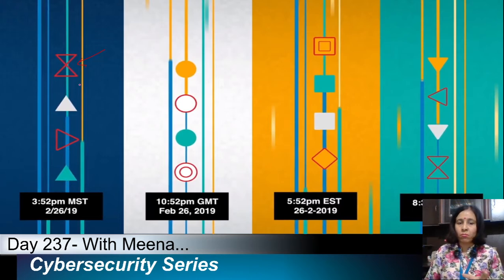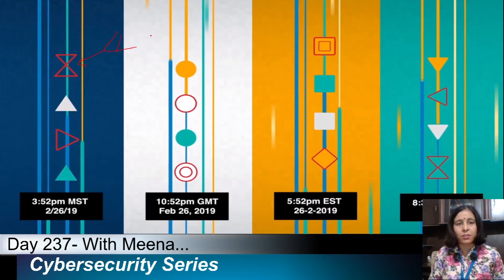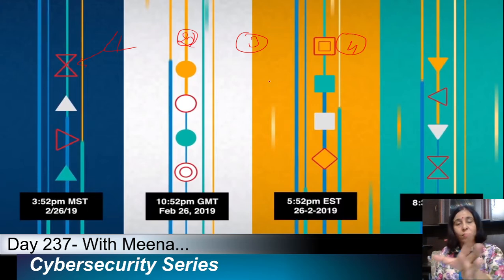LogRhythm collects that data and continuously observes the behavior of the traffic, because nowadays normal signature based antiviruses are not sufficient. When malicious activity happens in our network, for example it has certain pieces, number 1, 2, 3, 4, and when those four pieces come together, then it performs the attack.